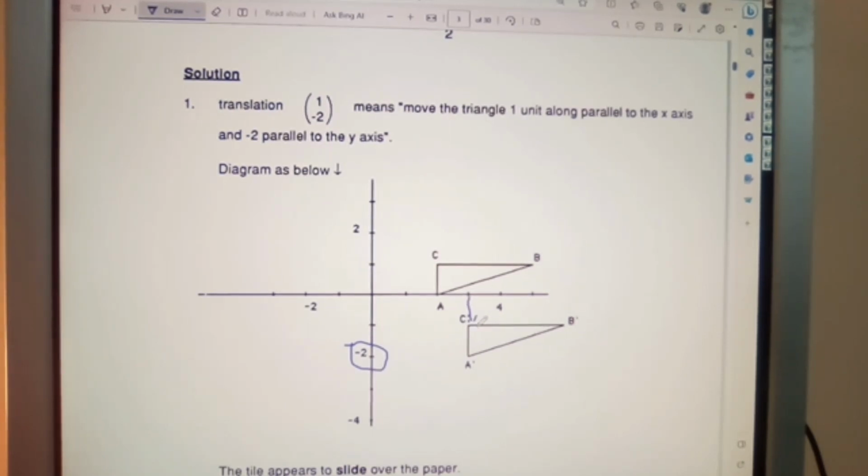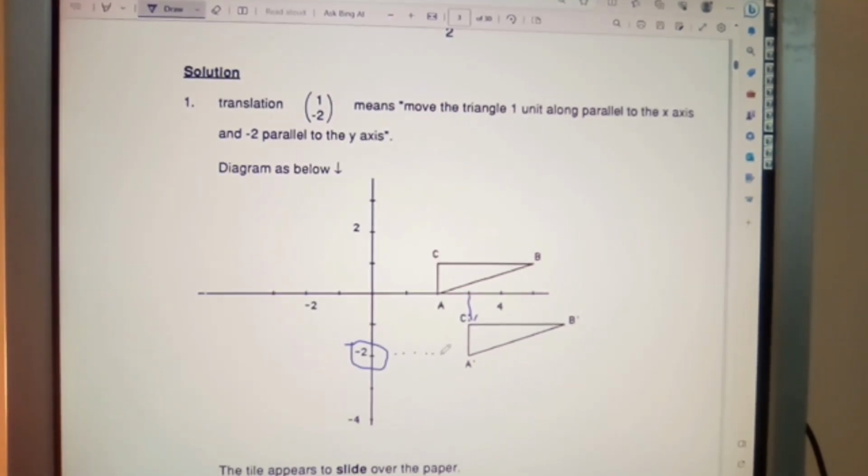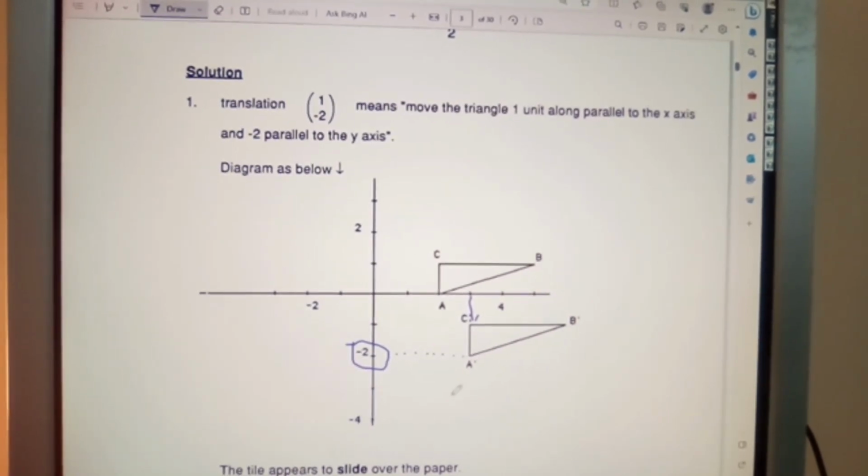And -2, 1, -2 lines up with here, okay? As you can see, let me just put some dots. That lines up with here. My dots are not quite straight, but you get the idea, yes? Okay.